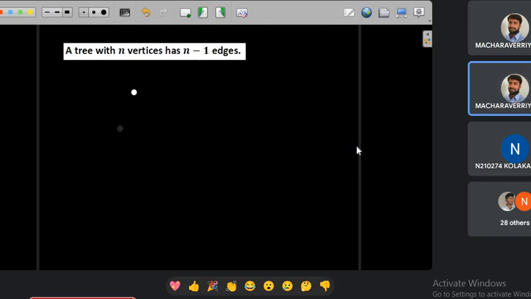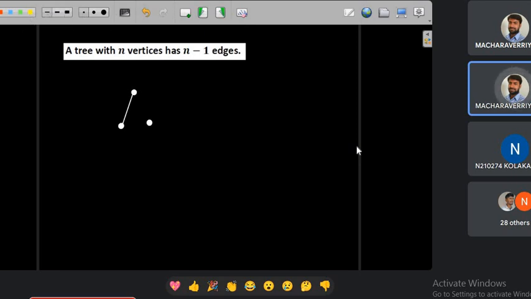Fine, 0. If it has 2 vertices, then we can have maximum 1 edge between them. Whereas if you have 3 vertices, then 2 edges.